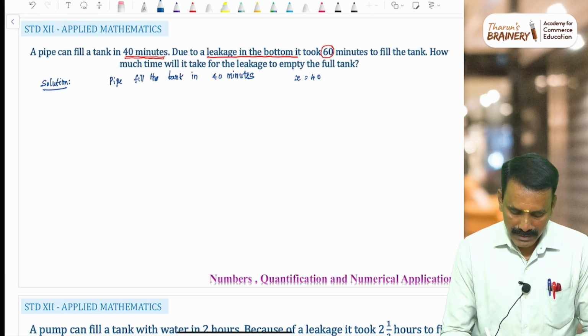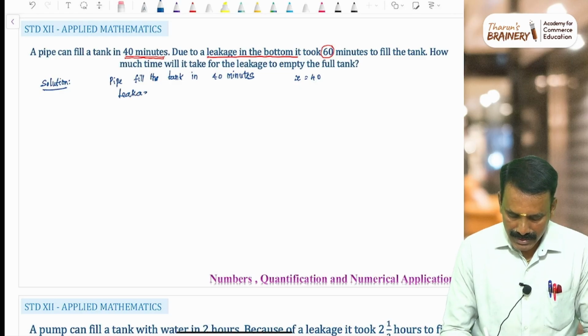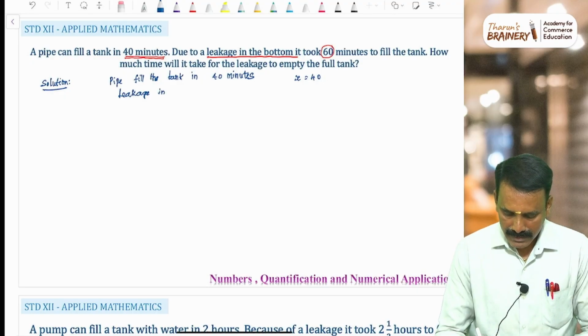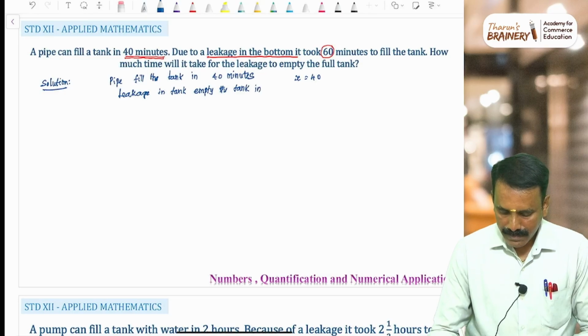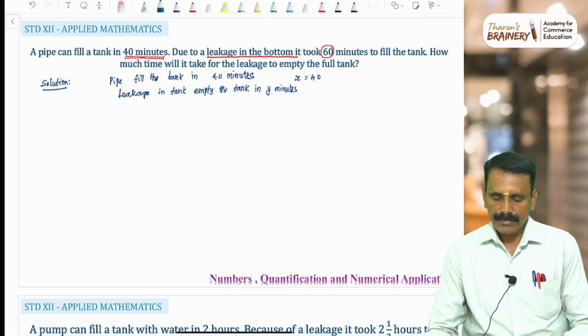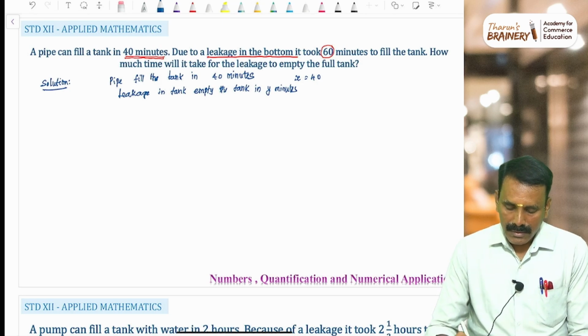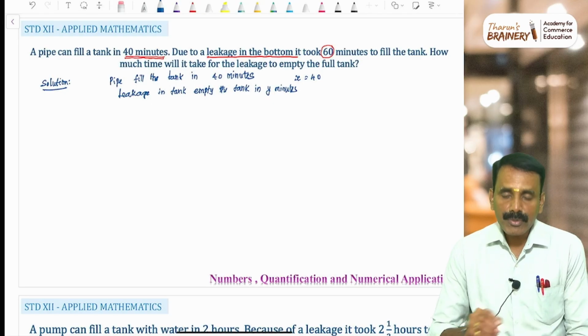So we will write: leakage in the bottom of the tank empties the tank in y minutes. Is it clear? We are supposed to find the value for y.